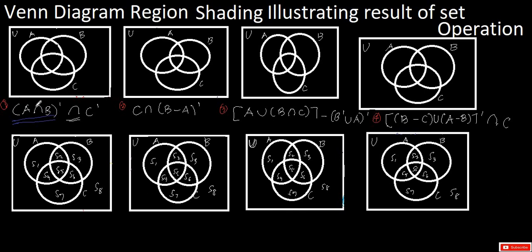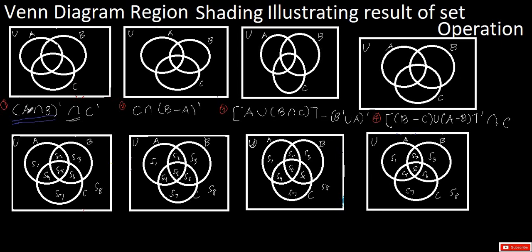So instead of shading the region which is the result of the operation inside the parentheses, I'm just going to use a check mark on the region using the yellow color. And for the shading, which is the result of the main operation here, which is the complement, I will use blue.